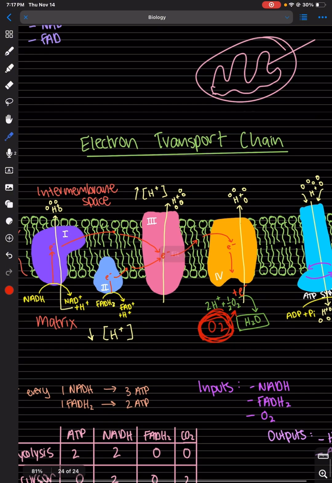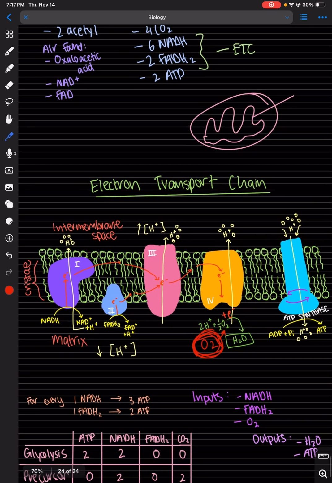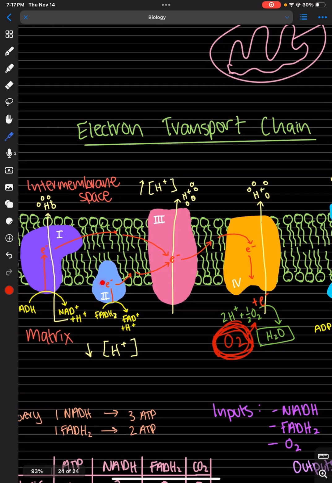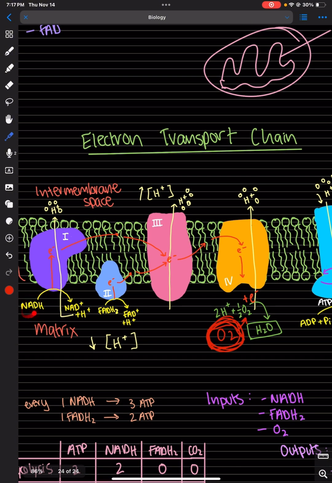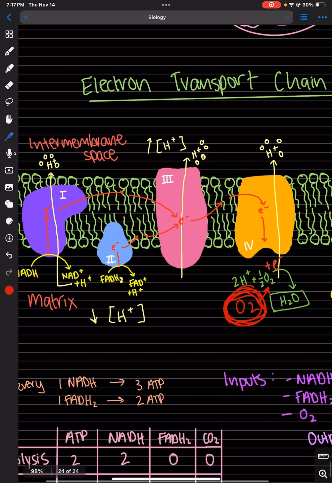And then the FADH, which we made in the Krebs cycle, provides a lot of energy, right? Let me talk about that later. So the FADH2 also gets broken down into FAD plus and hydrogen ions.